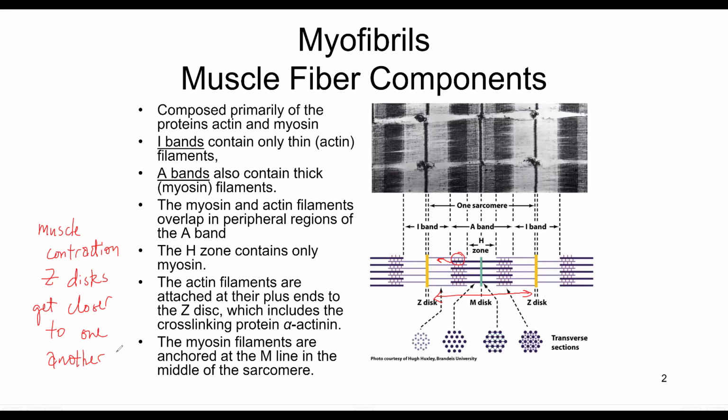The Z discs are going to get closer to one another because where actin and myosin overlap with one another, there's going to be a release. And then think about it almost like myosin is going to drive to the left. And then over here, this myosin is going to drive to the right.